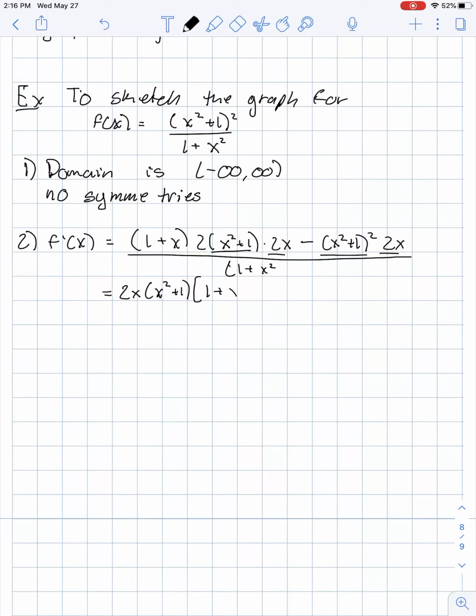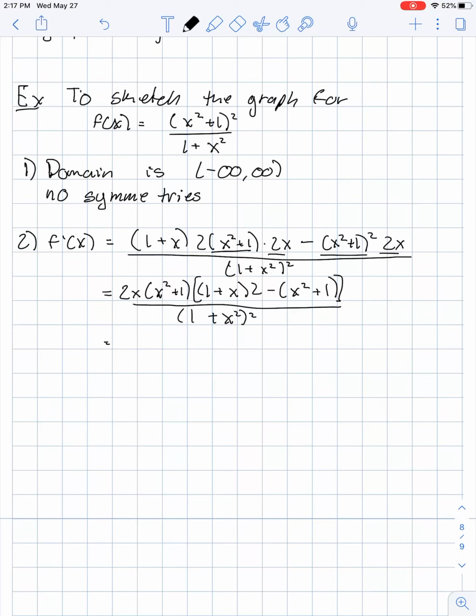And that's going to leave us with 1 plus x times 2 minus x squared plus 1, all over 1 plus x squared squared.